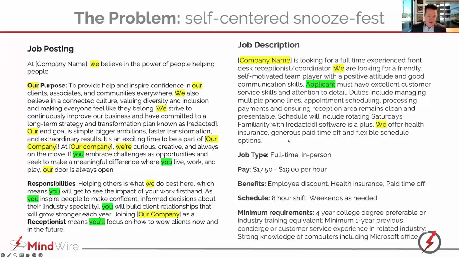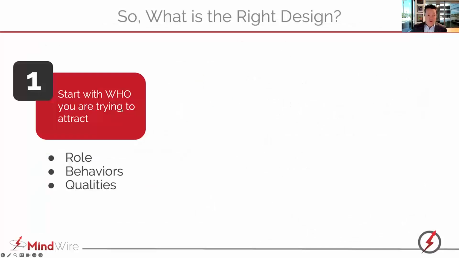So instead of this, which is common but not as effective as it could be, think about this approach, which is start with them, meaning the person you're trying to attract. What is the role? What are some of the qualities and behaviors that you're looking for? Because everyone's favorite subject in the whole world is themselves, right?